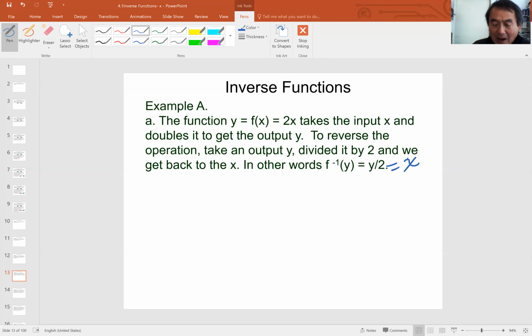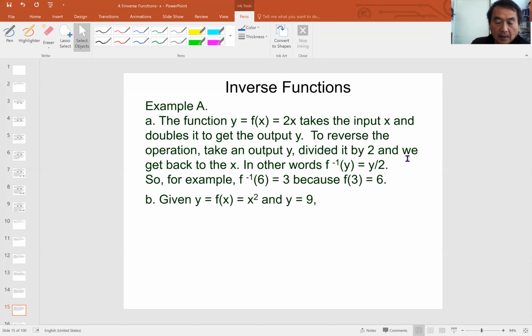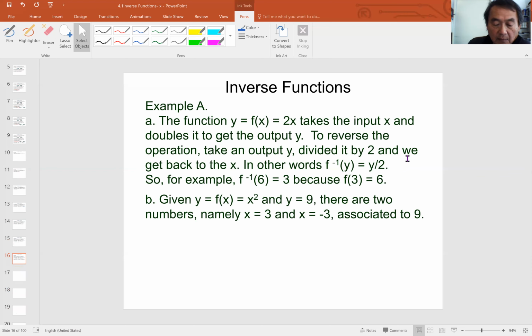On the other hand, take f of x equal to x squared. I don't have the luxury of knowing which x it came from. Suppose I tell you the output y is 9. I know that two numbers could have come from it: x could be 3, x could be -3. The reverse procedure produced two possible x's, so it's not a function.